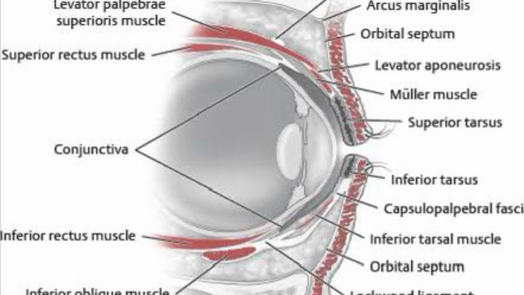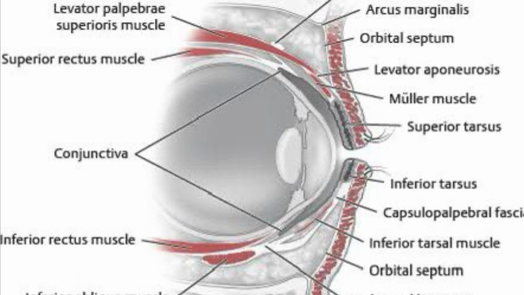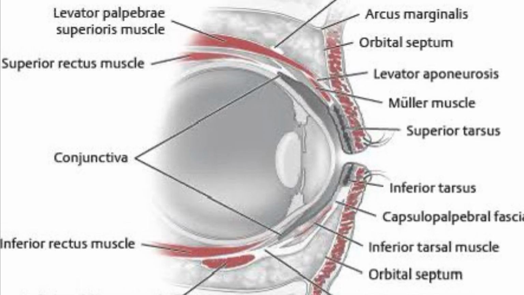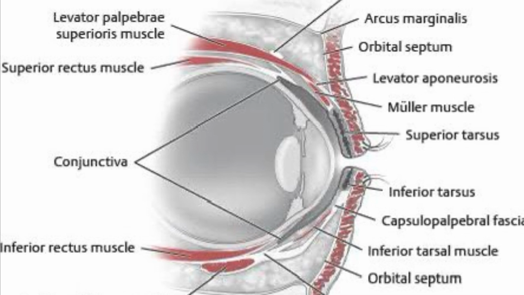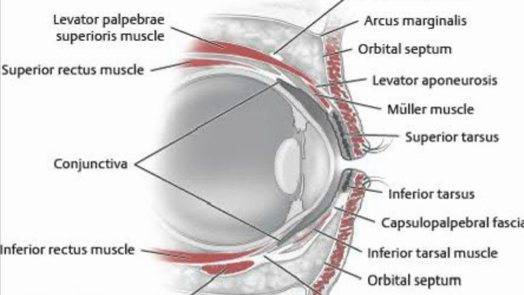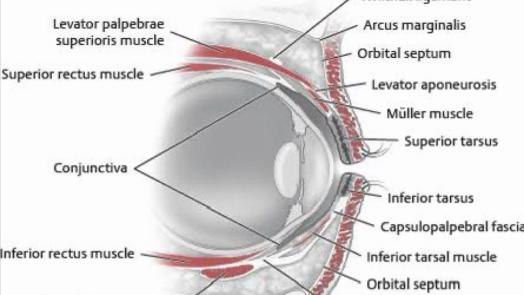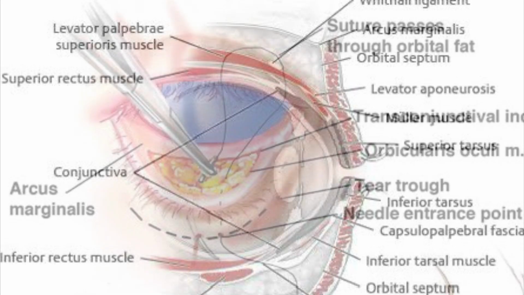The orbital septum extends from the inferior border of the tarsus to fuse inferiorly with the periosteum of the infraorbital margin. This inferior attachment of the orbital septum to the periosteum, where there is condensation of tissue, is called the arcus marginalis.